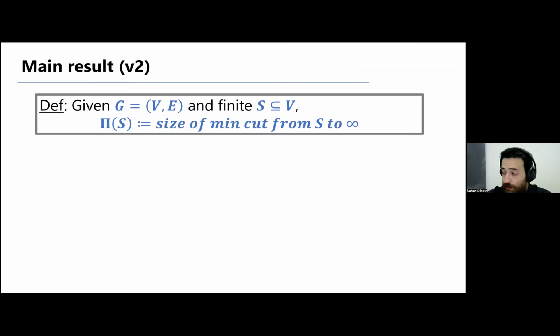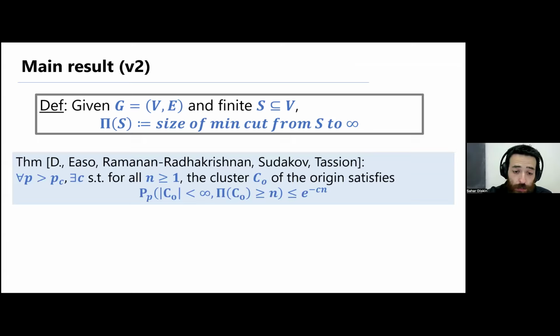And what we will prove is the following slightly stronger theorem. The probability that the cluster of the origin is finite, but in order to separate it from infinity, this pi of this cluster is at least n, decays exponentially in c of n. So this really relates this to the geometry of the cluster, the geometry of the graph itself.